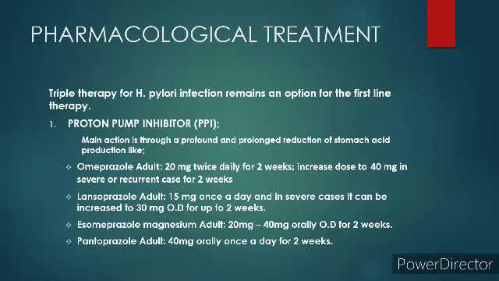Then we have another drug which is esomeprazole. Esomeprazole has 3 types. We have esomeprazole sodium, which is in IV form. Then we have strontium, which is a delayed release capsule. Then esomeprazole magnesium, which is the oral form.